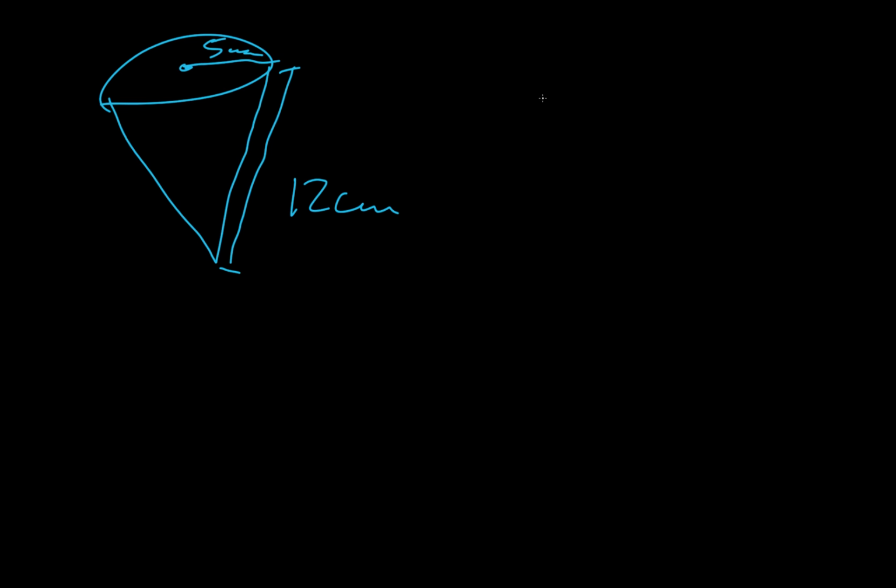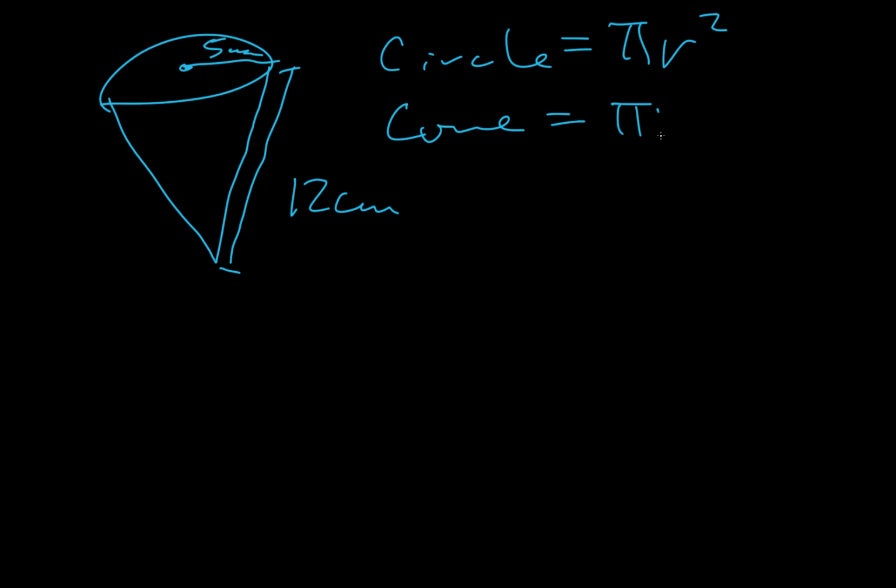We have the area of the circle, which is pi r squared. And then we have the area of the outer part of the cone, and that is pi r s, where s is this side right here.